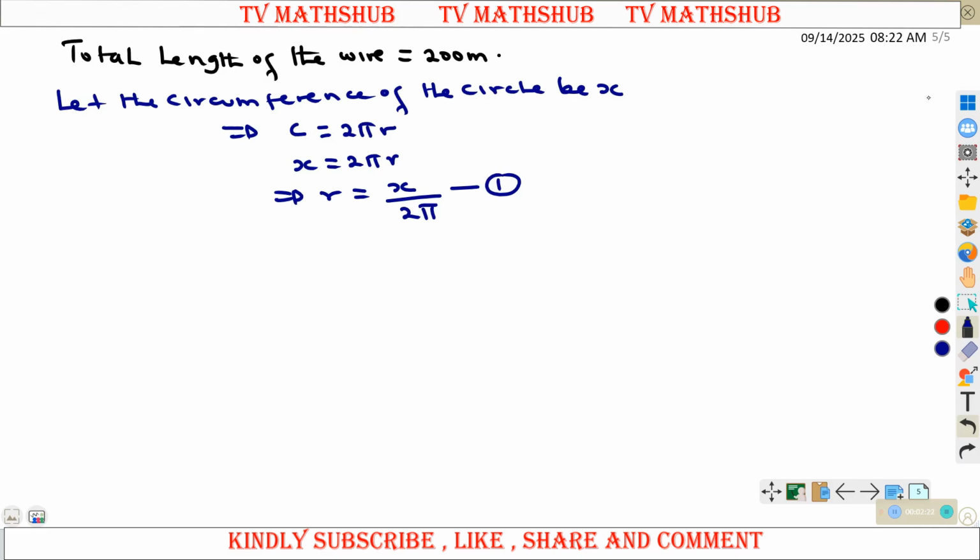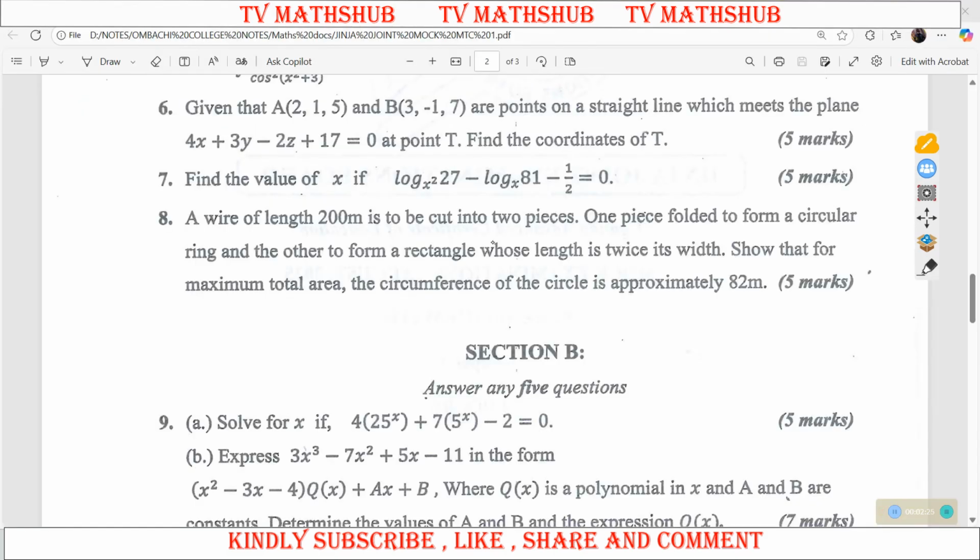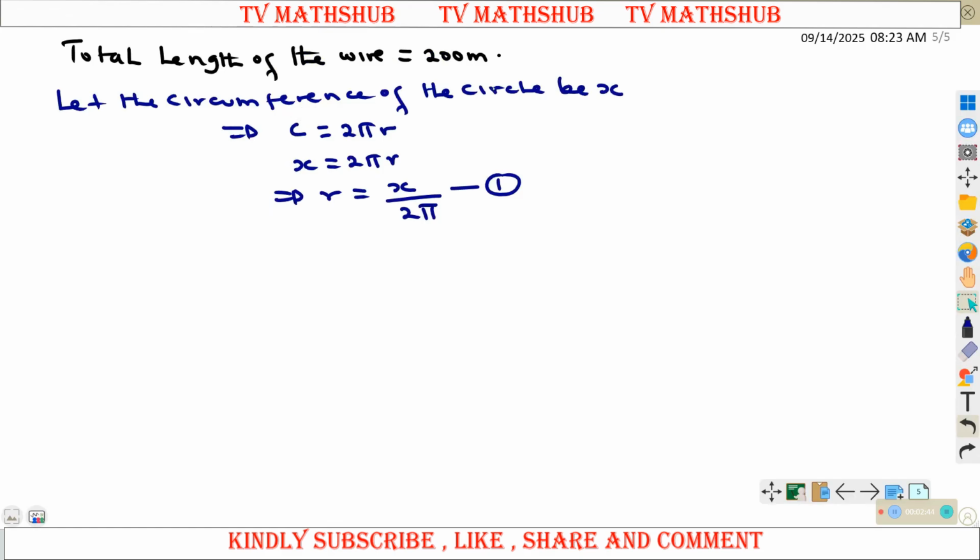Now looking at the given question, we are told that a wire of length 200 meters is to be cut into two pieces. One piece is to form a circular ring and another is to form a rectangle. So these two pieces are the circle and the rectangle. We have seen that the length of the circle, which is the circumference, is x.